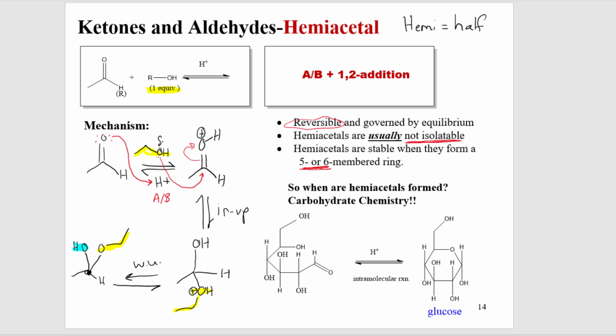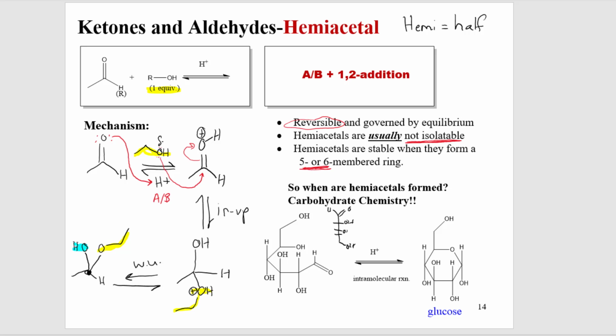You know where we see these the most? We see them in carbohydrate chemistry. When you go into biochemistry and you start talking about fructose, sucrose, and glucose and different carbohydrates, you talk about them being in an equilibrium in the open chain and closed chain form. So this would be the open chain, and we've been drawing them, you know, like OH and aldehyde and the Fischer projections, right?